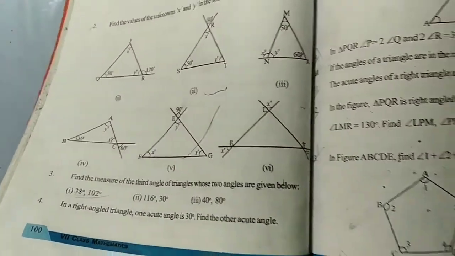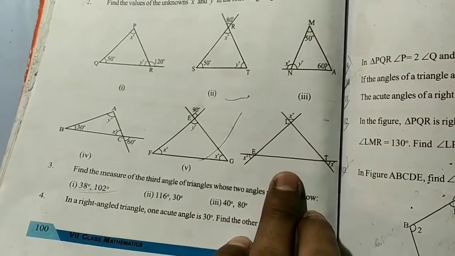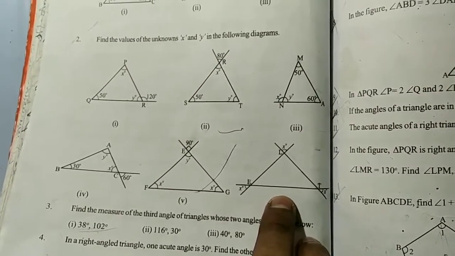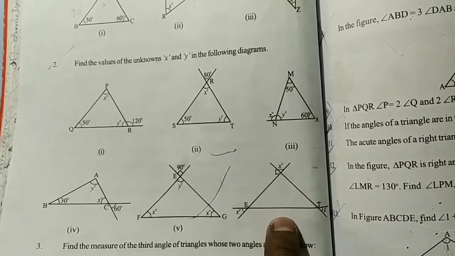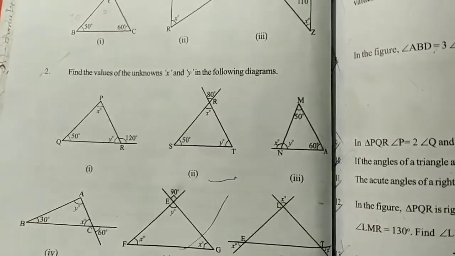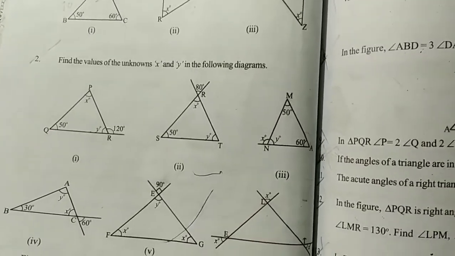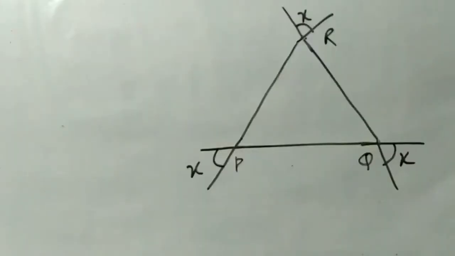The sixth one is also based on vertically opposite angles, and also linear pair of angles, that is adjacent angles making 180. This is the sixth one.